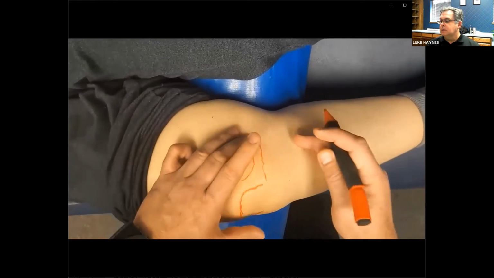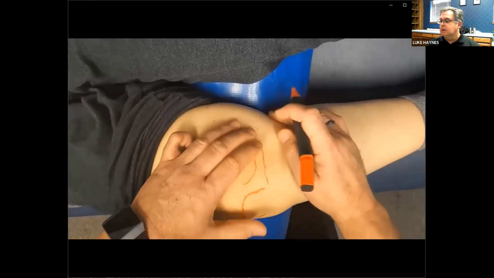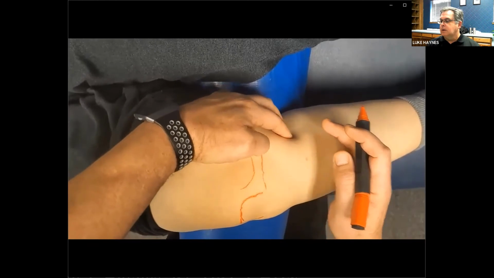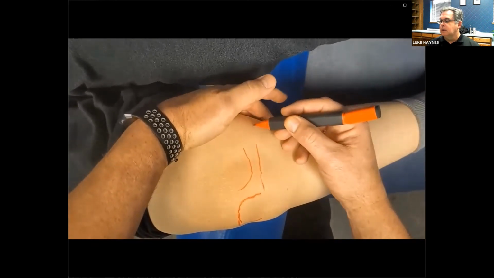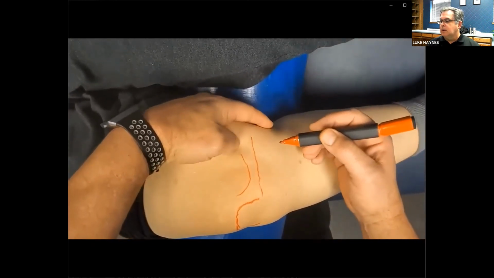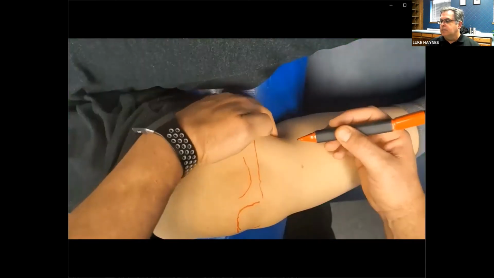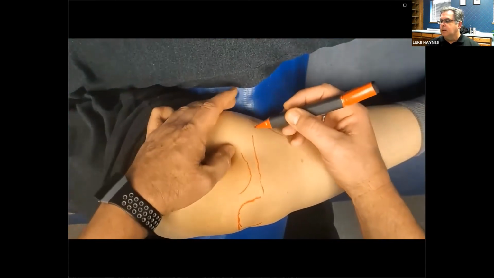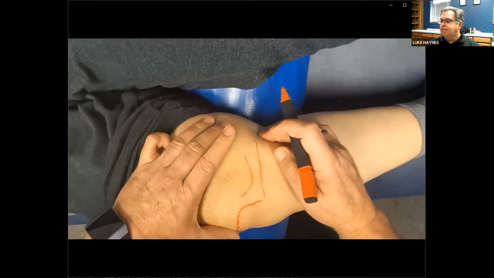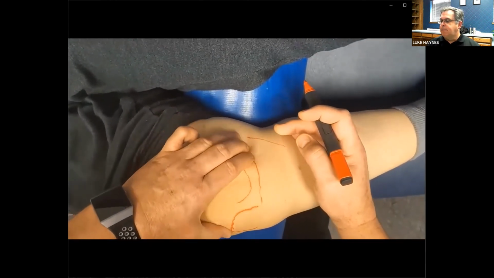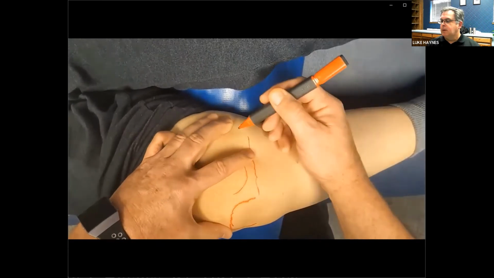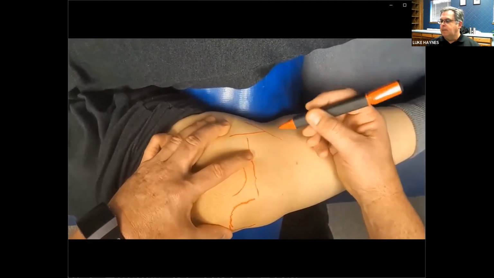We're going to drop and locate the pes tendons as they're crossing this medial joint line. So we know we're coming around here. And the medial collateral, it's a little bit difficult to palpate, but we're basically in a line right there.